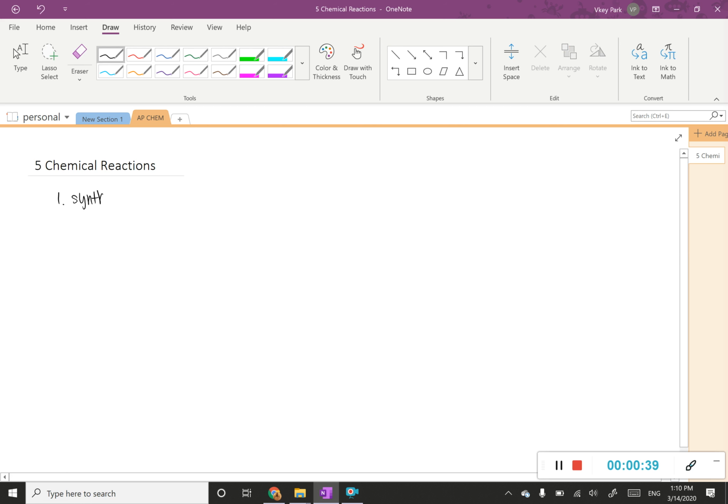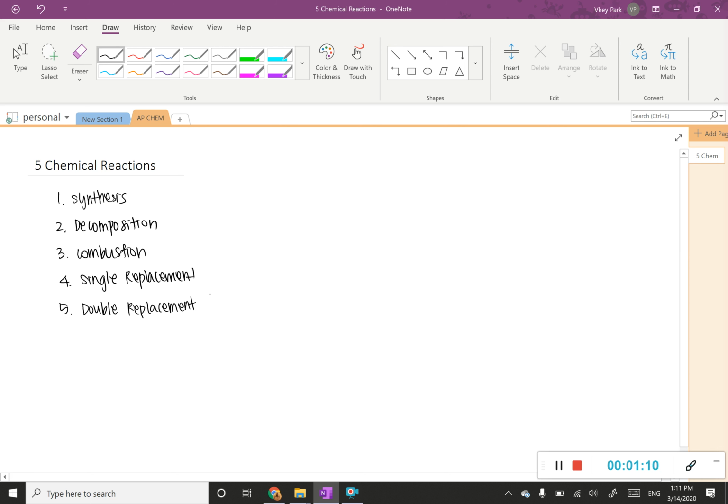The first one is synthesis, the second is decomposition, the third is combustion, the next one is single replacement, and the final one is double replacement, okay? So today I am going to talk about the first 3.